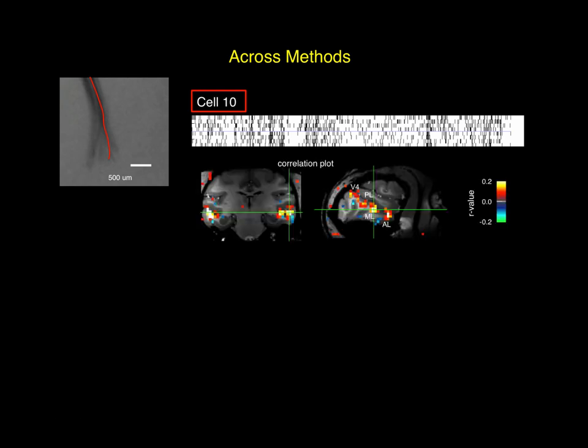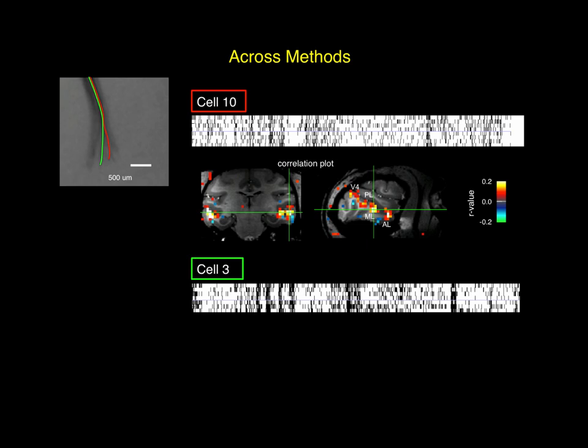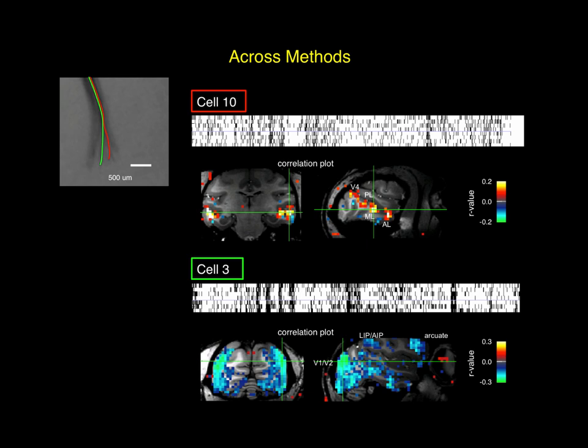And then we can look at how that cell's response is similar to the voxel time courses when the monkey was watching the movie in the scanner. So this particular cell matches very well with the face patches, and this makes sense because this cell came from a face patch. However, what's interesting is all of the electrodes that we recorded from were in a face patch, and not all of them correlate with the brain in the same way.